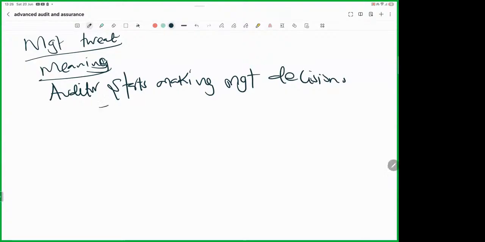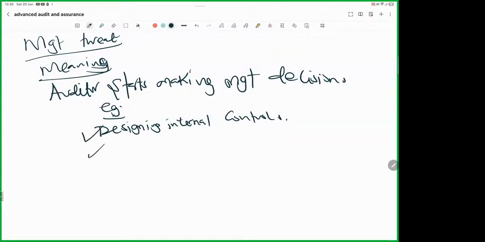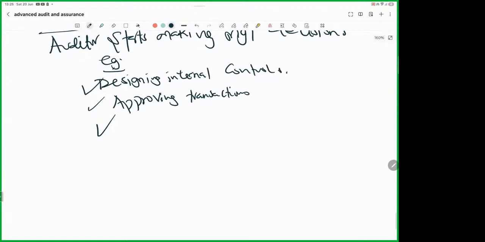So for example, designing internal controls. This is the work of management, not you as an external auditor. Designing internal controls, approving transactions. As an internal auditor, there is a place where you approve. So approving transactions, running the internal audit department.